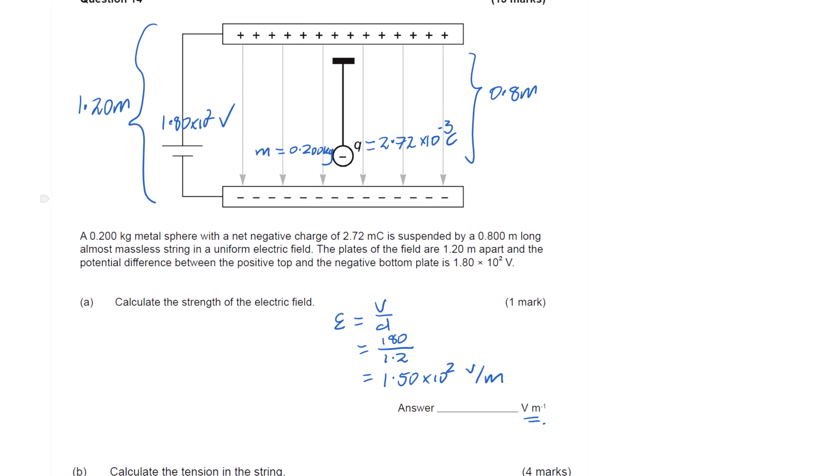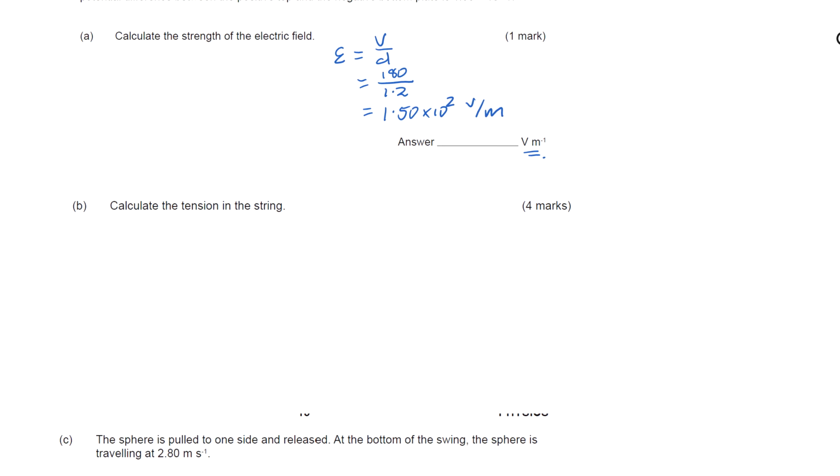You've got the tension in the string due to the mass of the ball, and then you're going to have an attraction between this negative charge on here and this positive plate. So we've got two things we need to take account of: the electric force, and also the weight force, and they're two opposing forces.